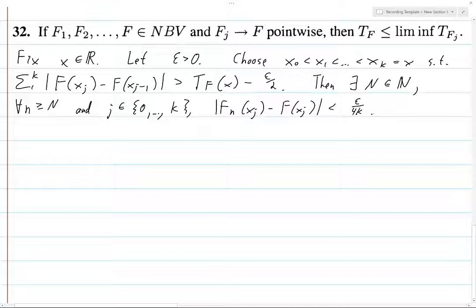And we can do that because of pointwise convergence. So for n greater than or equal to N, we then have the following string of inequalities.